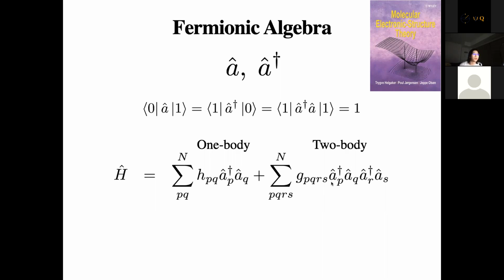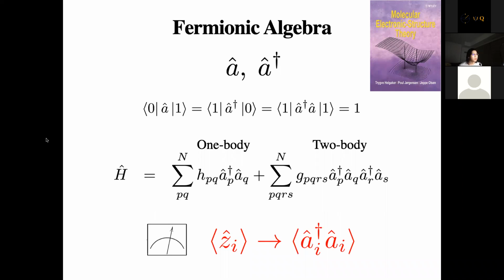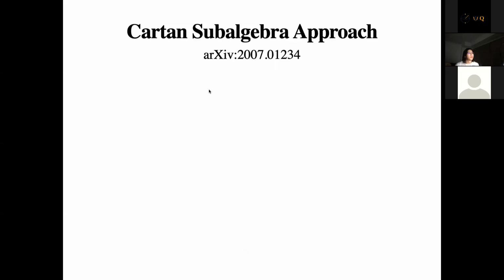And for measurements, instead of the Z operators that we saw earlier, what we are measuring here is the AI dagger, AI operator, where you have the same subscript on the A dagger and A. Now, we know the details of fermionic algebras, we can look at how the Cartan subalgebra approach works, which is our newest method on solving the measurement problem.